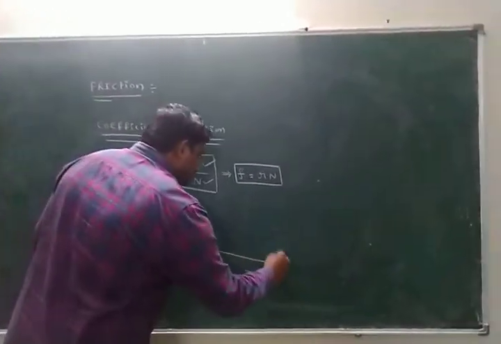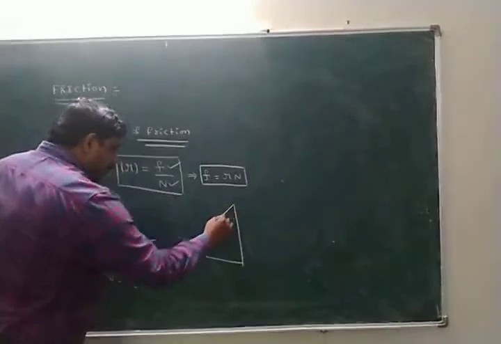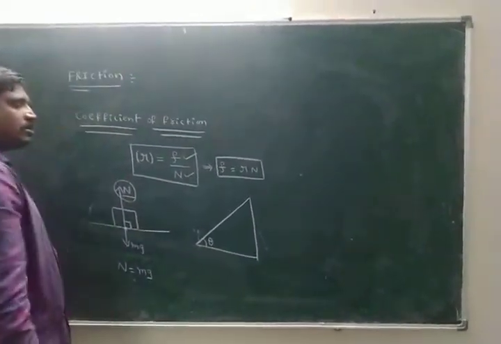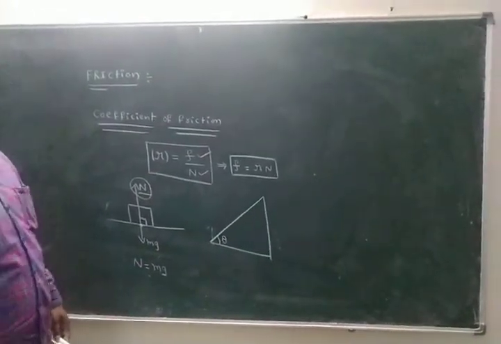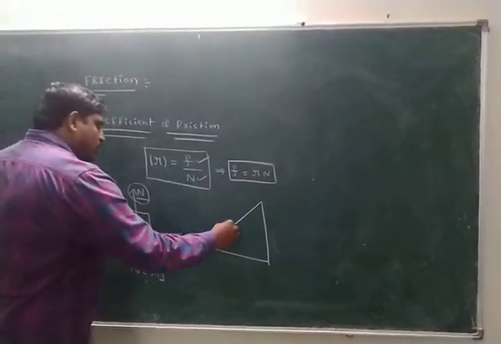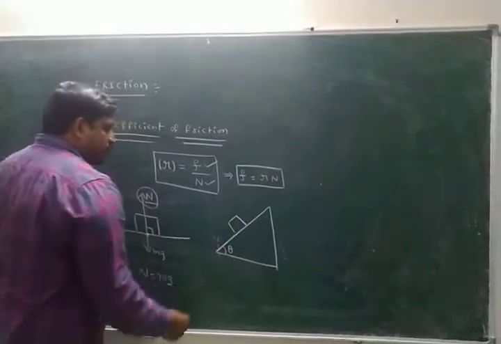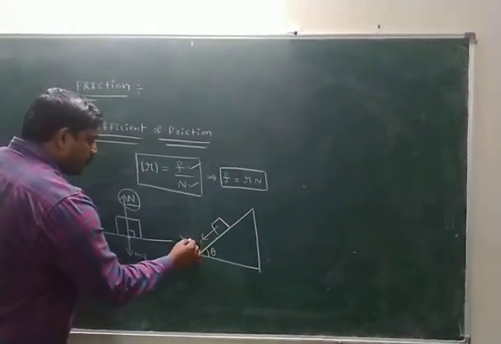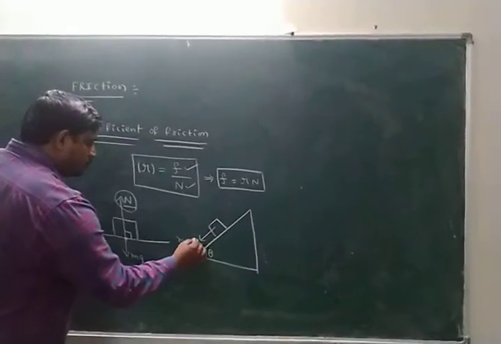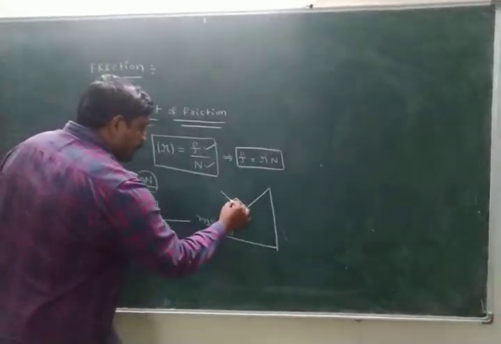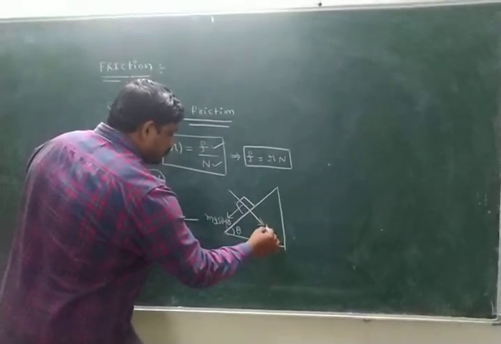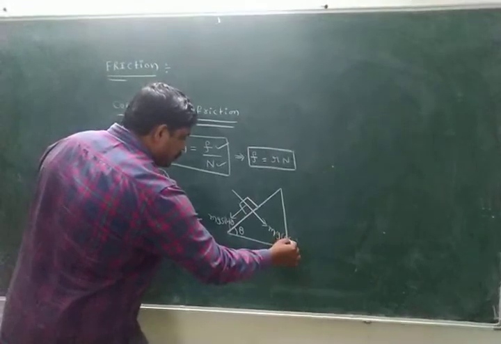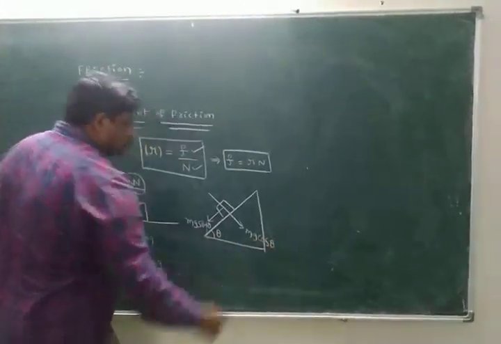This is an inclined plane, also called a wedge, with angle of inclination theta. Here a body is placed. Parallel to the slope, the weight component is mg sin theta. Perpendicular to the inclined surface, the weight component is mg cos theta.